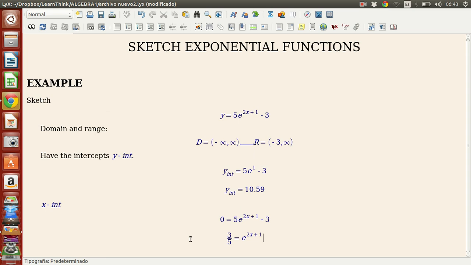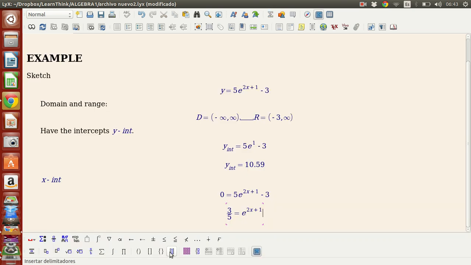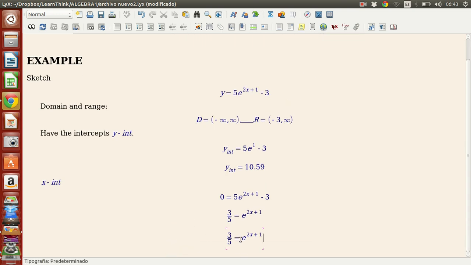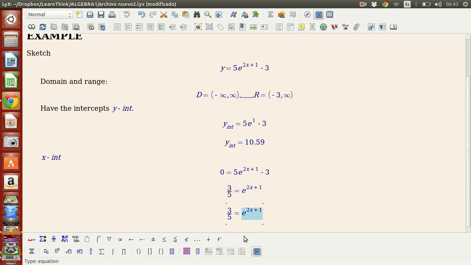And we have this equation. To solve it, you have to use something called the logarithm, and we're going to apply properties of logarithms. If you apply the natural logarithm, the natural logarithm of e to the 2x plus 1 is the exponent 2x plus 1.